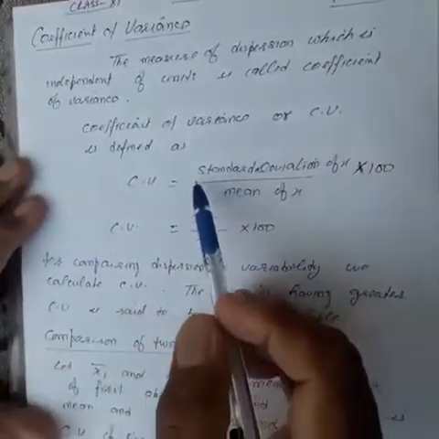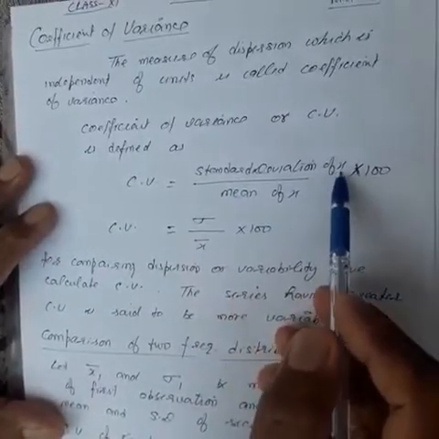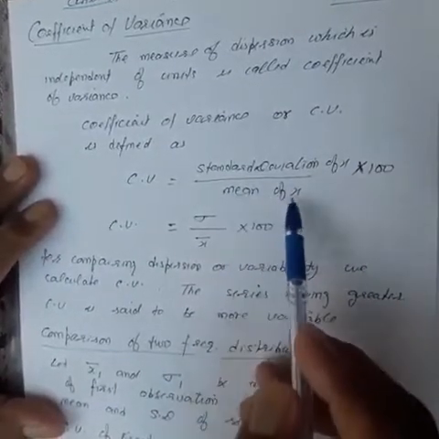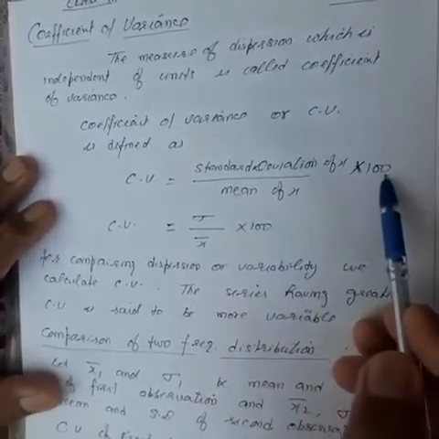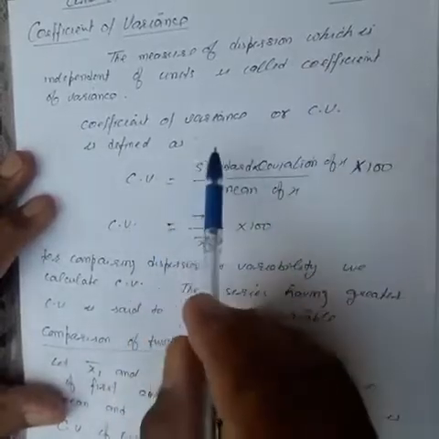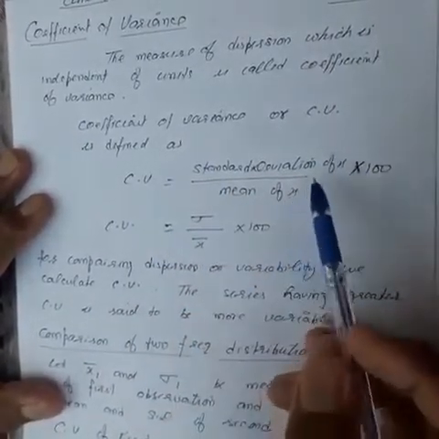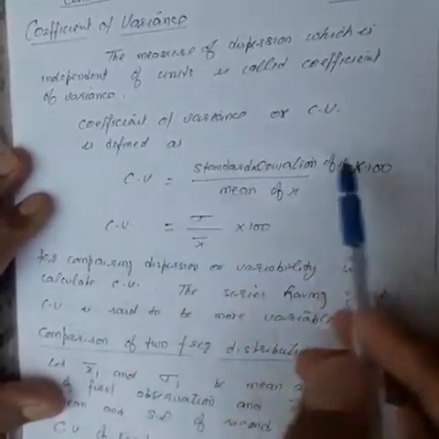Coefficient of variance can be calculated using the formula: standard deviation for the variable x divided by mean of x, multiplied by 100. For coefficient of variance, we need the standard deviation and the mean of the observations, and then use this formula.